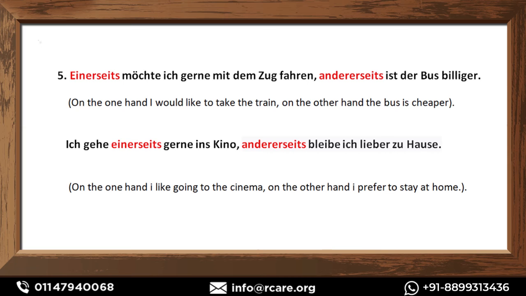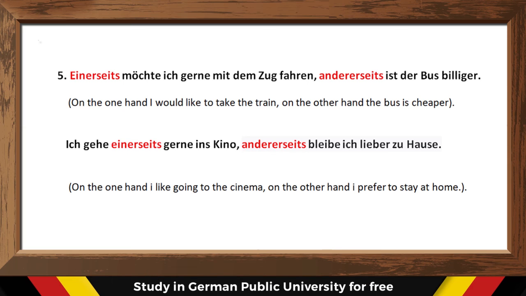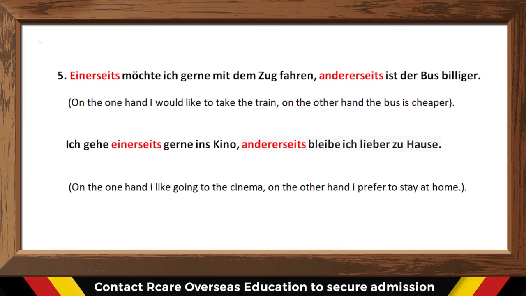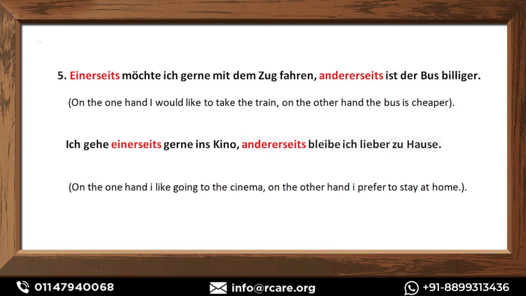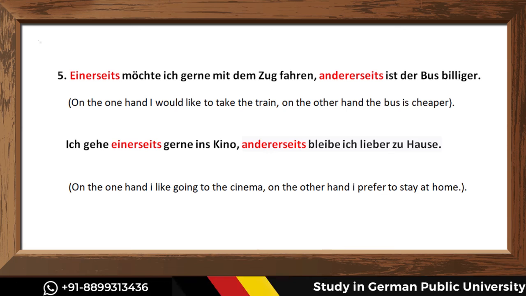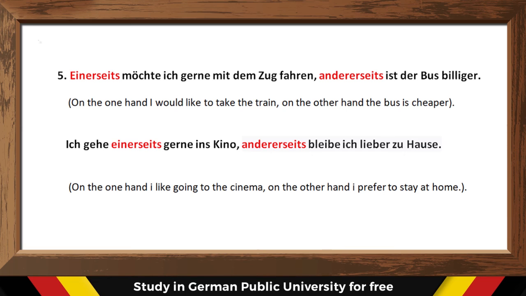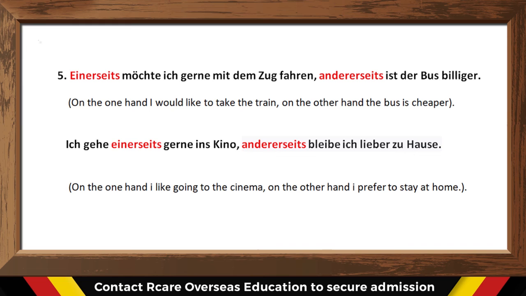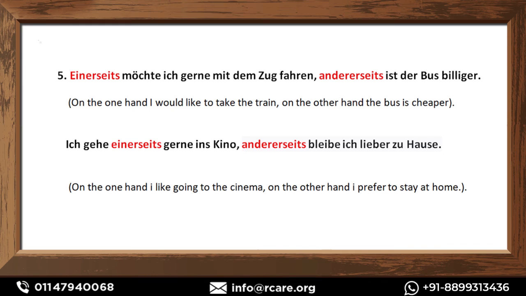So again, when we are showing two different contradicting statements, we can use this connector. Or for example, when we have to show an advantage or disadvantage of a single thing, that would again be contradicting statements, so we can use this connector.